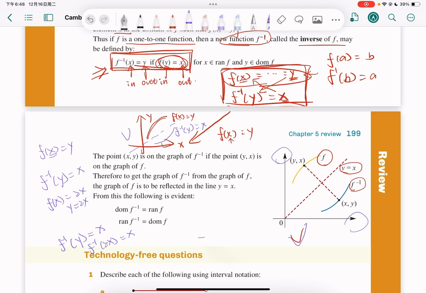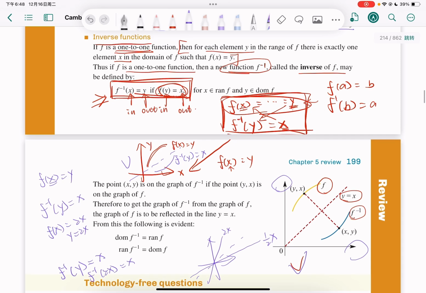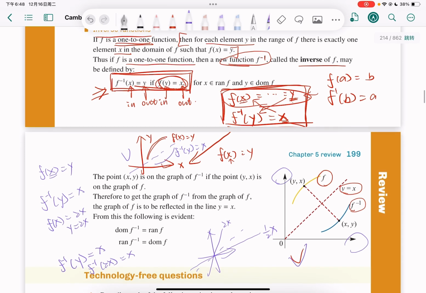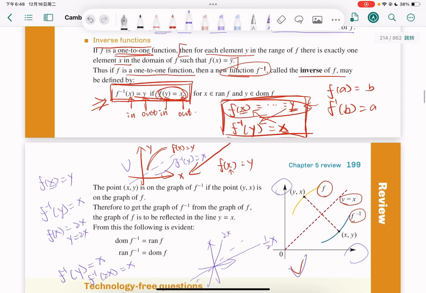And let's draw a graph. If we have 2x, then by symmetry, we're having x divided by 2. And to note that if you want to inverse a function, it must be one to one. So f has this condition, one to one, over here.